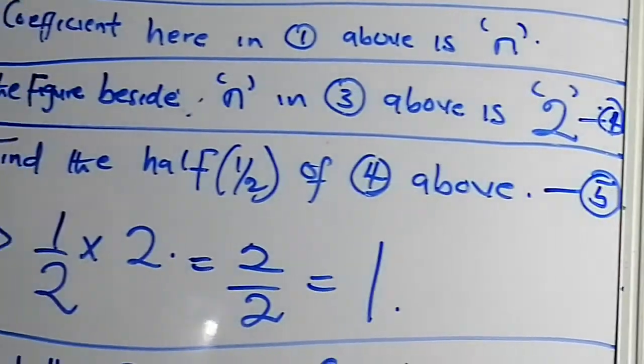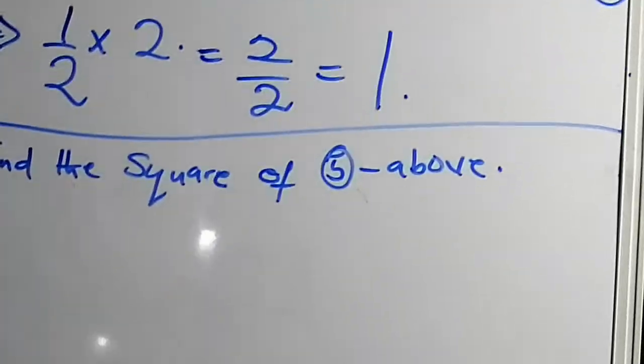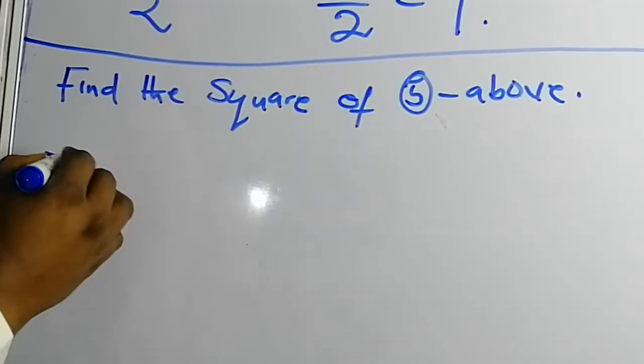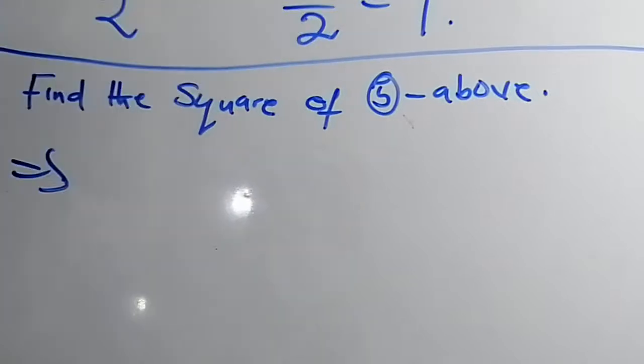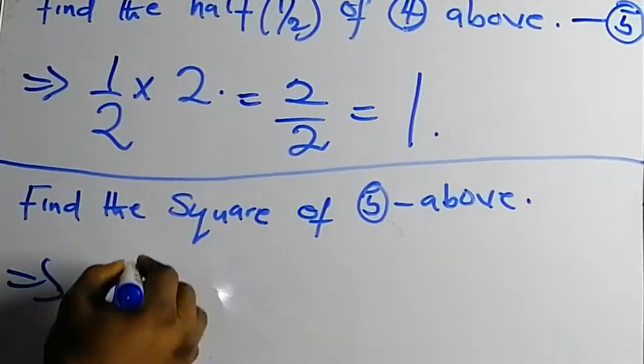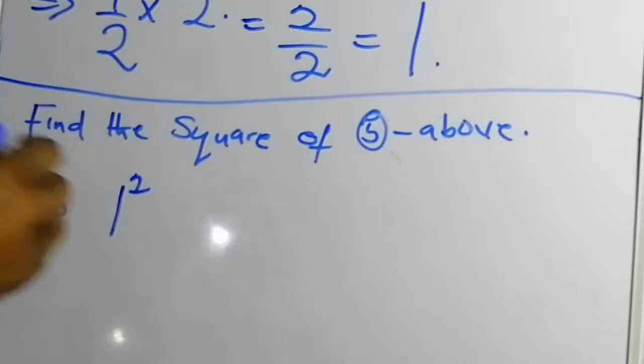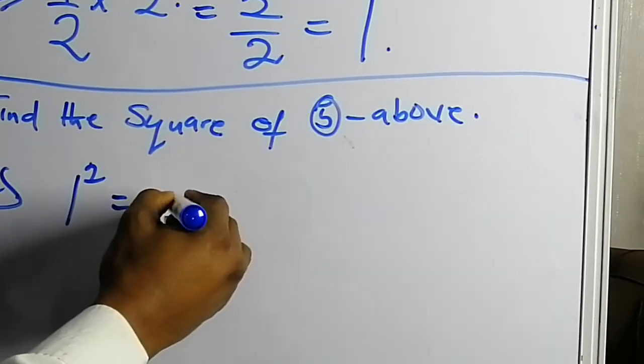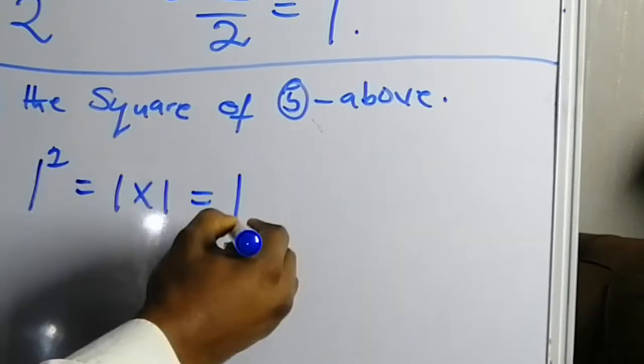If I want to find the square of 5, what's the answer in 5 above? It is 1. So the square is 1 squared, which is the same thing as 1 times 1, which is equal to 1.